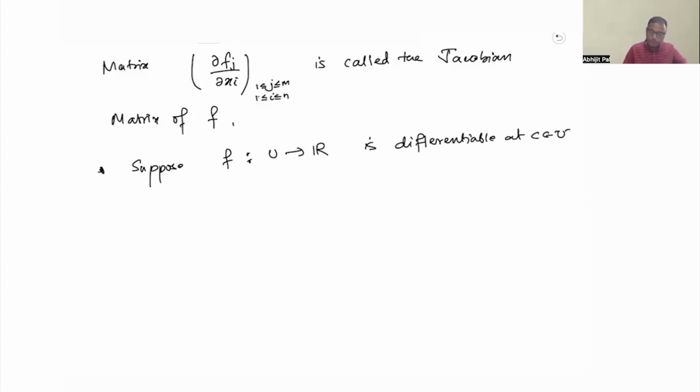Suppose this function f is differentiable at c. This is just a real valued function, so if you take the differential of f at the point c, what you'll get is this matrix.